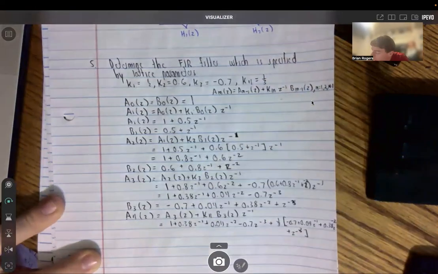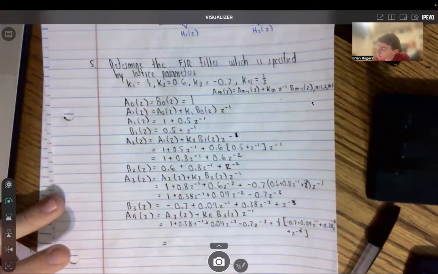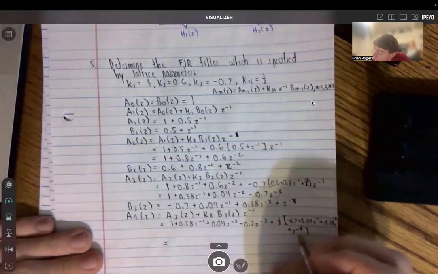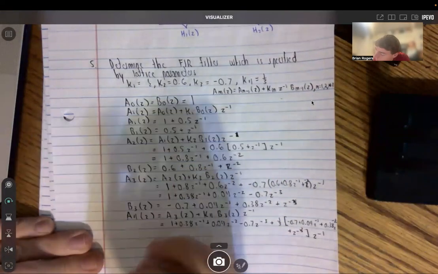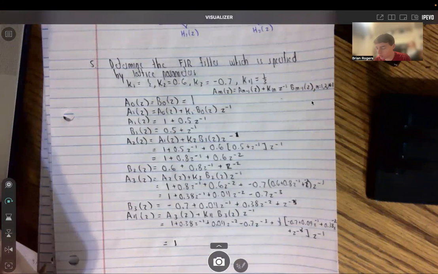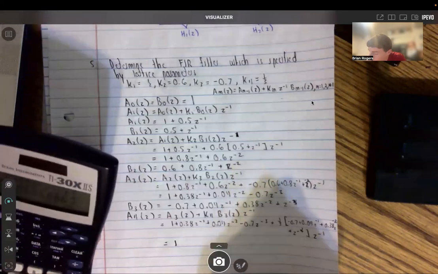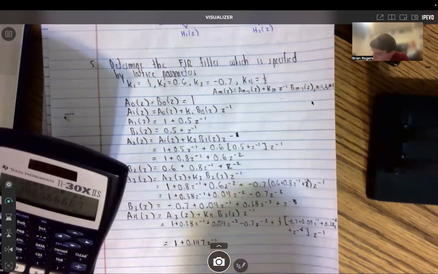Okay, now that we have that, we're going to simplify this equation. Remember, this is all multiplied by z to -1. So here, you're going to have positive 1, and then it's going to be 0.38 plus 1/3 times -0.7. You're going to get plus 0.147 z to -1.